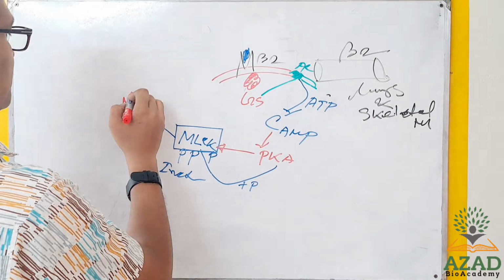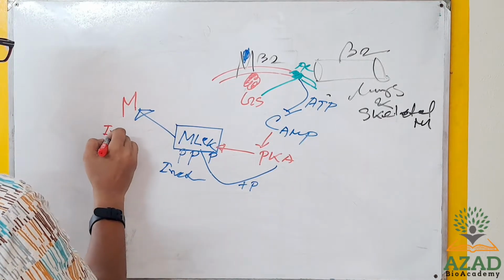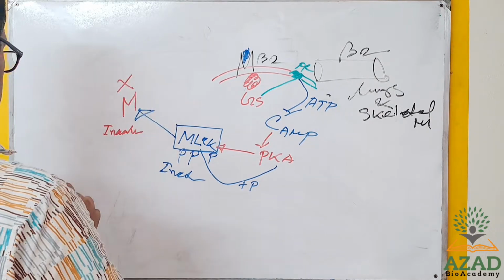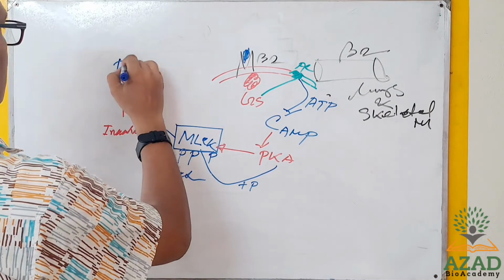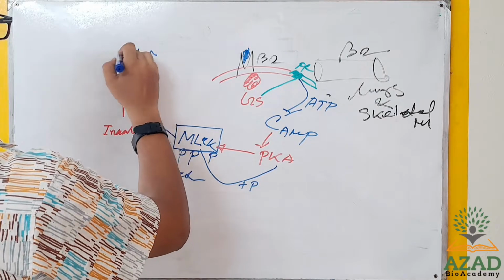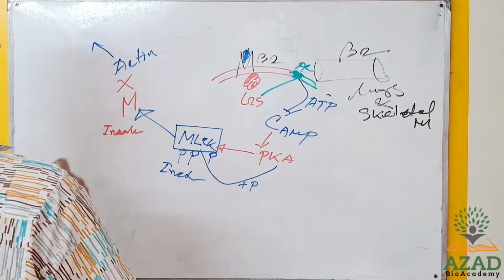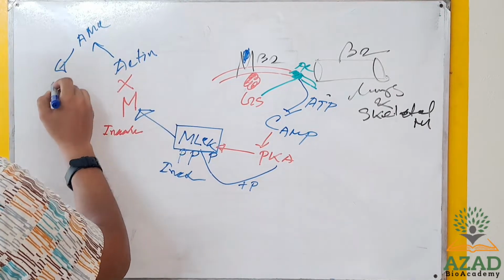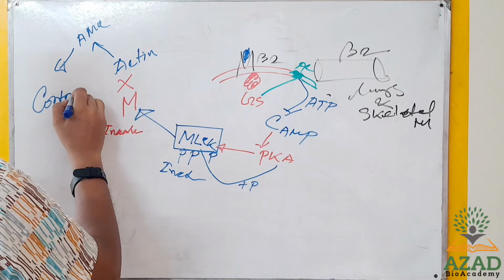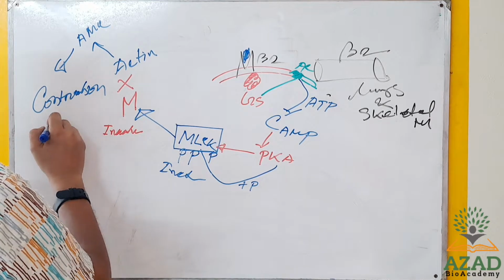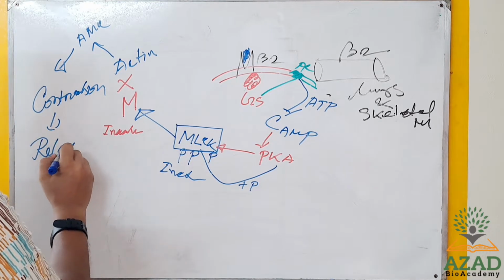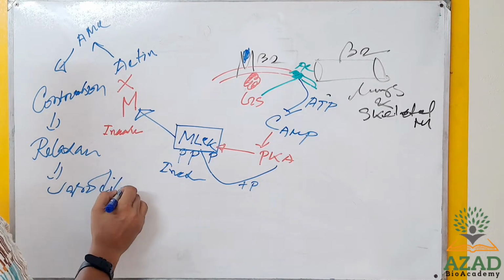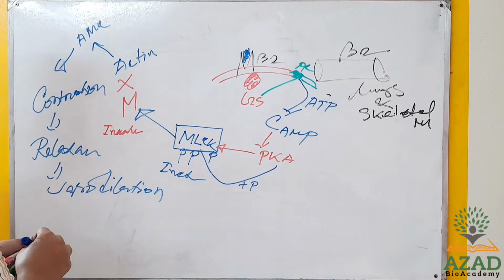Then free myosin is inactive and it will not be able to bind with the actin, and no actin myosin complex, and no contraction. That means relaxation, that means vasodilation.